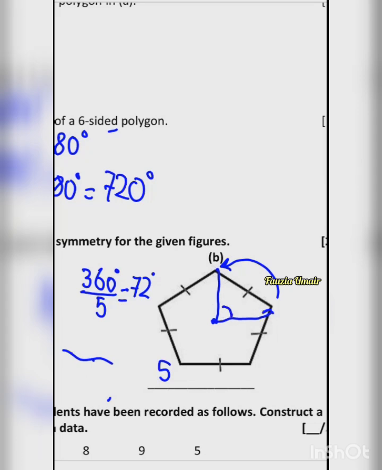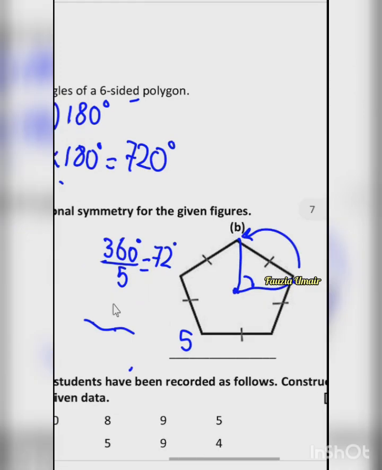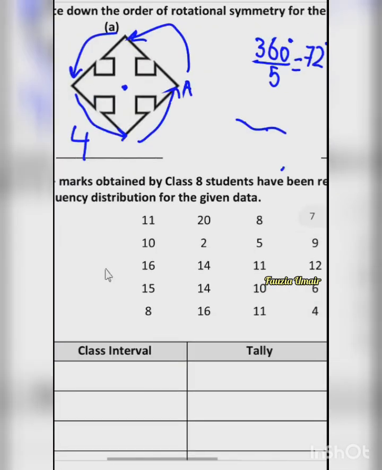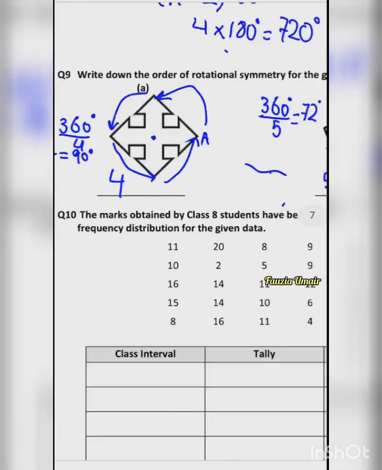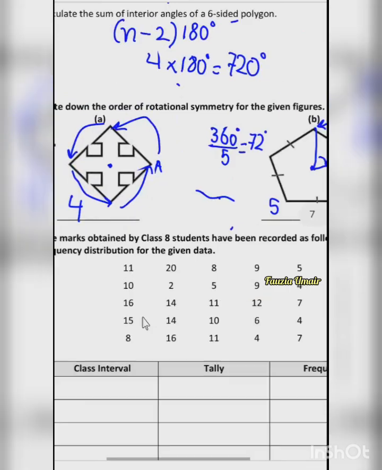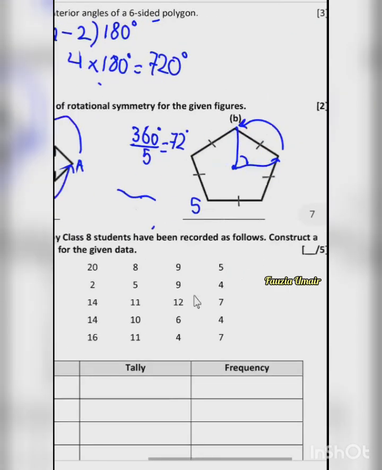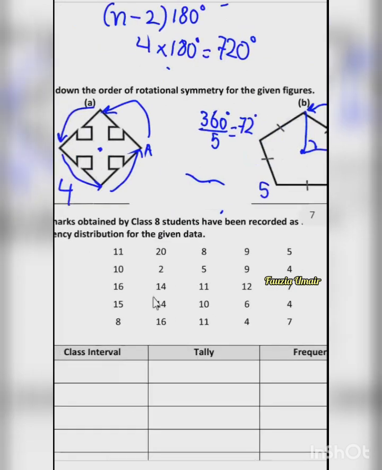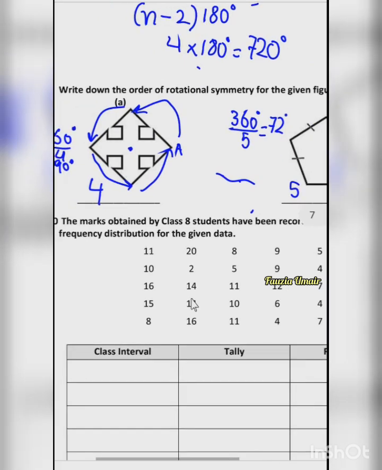All right, so moving on to the next question. The marks obtained by class 8 students have been recorded as follows. Construct a frequency distribution for the given data. This part we have not done till now, so should we skip this question?